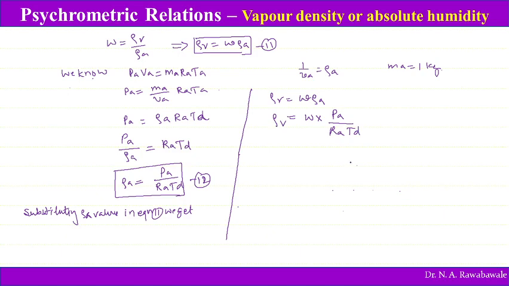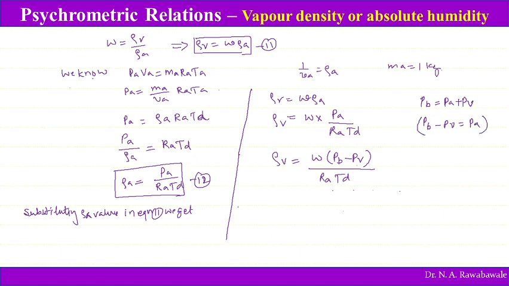So that is nothing but, again we can write this rho V is equal to omega into PA, means we can write it as PB minus PV divided by RA into TD. So how we write this PA as PB is equal to PA plus PV. So this PA can be written as PB minus PV is equal to PA.